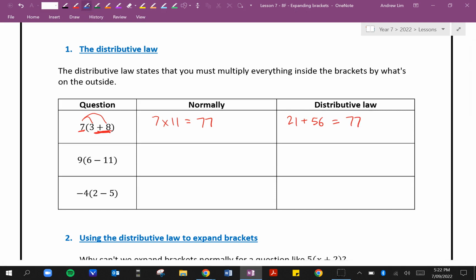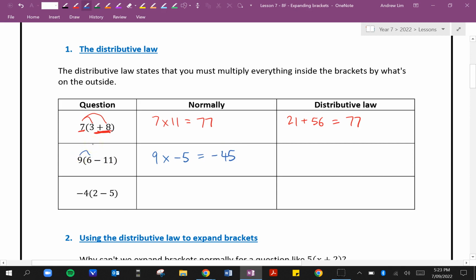For the next one, normally we would do the brackets first. 6 minus 11. So we got 9 times 6 minus 11 is negative 5. And 9 times negative 5 is negative 45. But with the distributive law, which is another method of answering the question, we distribute the 9 with the 6 by multiplying.